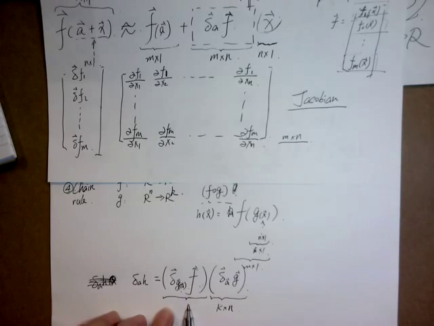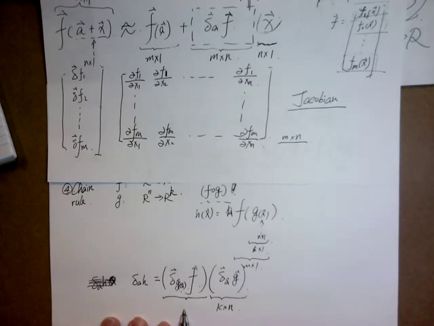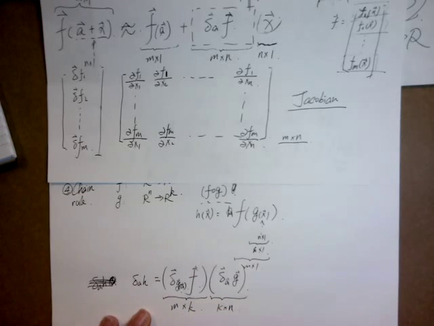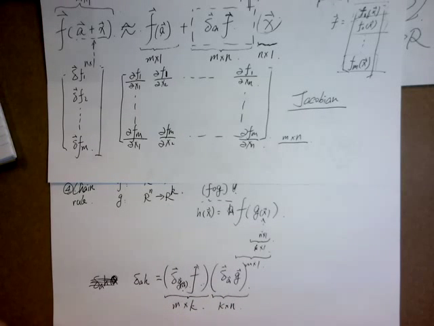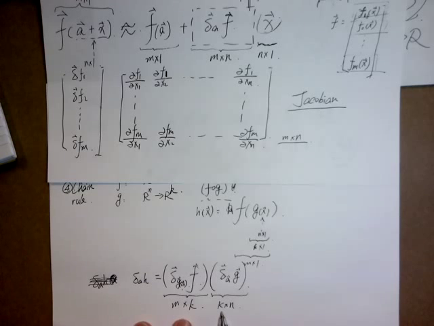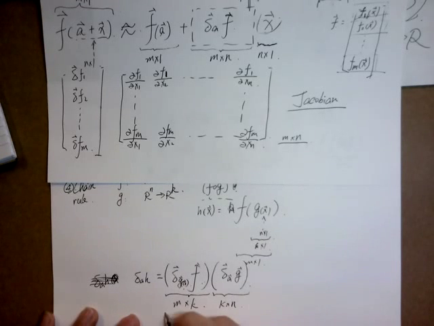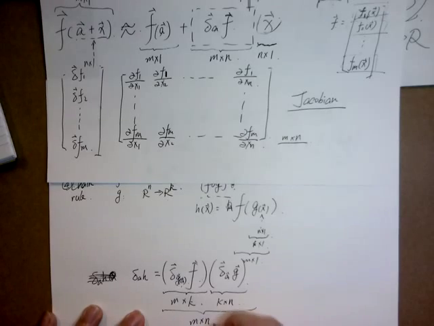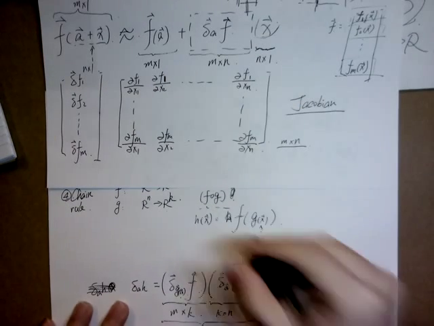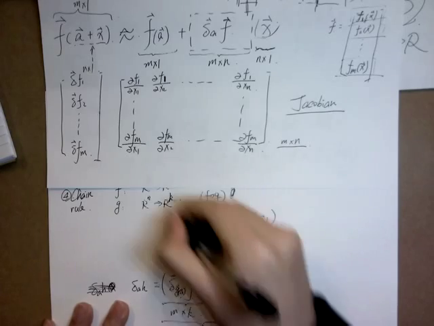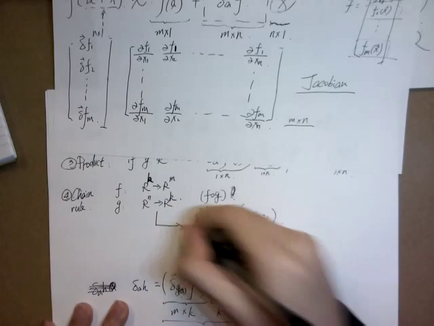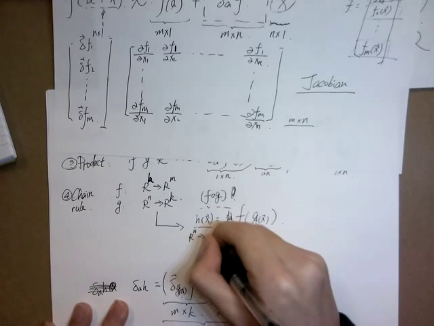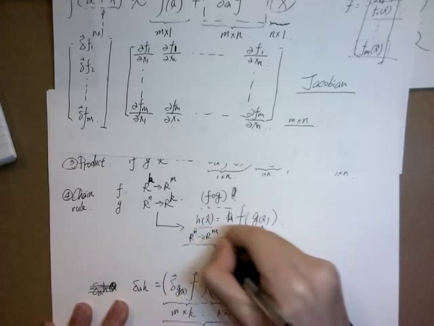So what's the dimensionality of this one? Right, it's going to be n by k. And you can see that the dimensions here match perfectly. The product of those two matrices becomes an m by n matrix, because finally, h is going to be an Rn to Rm function.